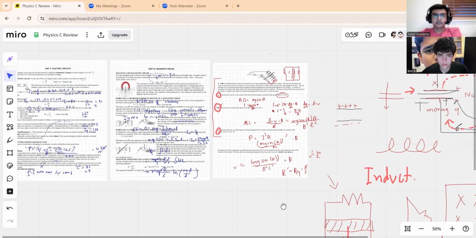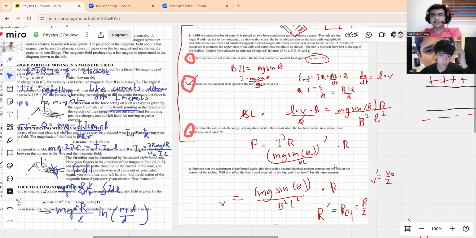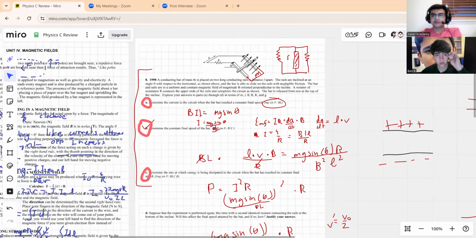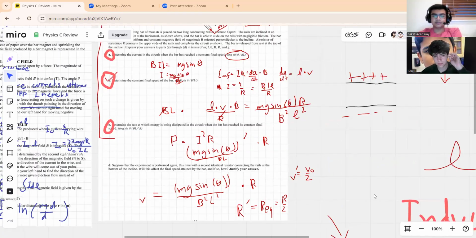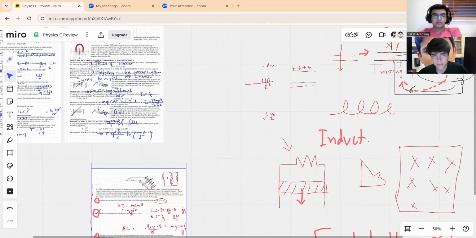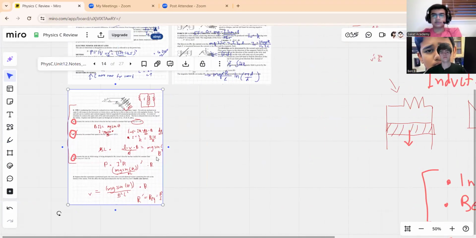Oh, Unit 9, Unit 10, 11, 12. Oh, perfect. The lineup is crazy. Did people do bad on the last unit? I believe so. I was talking with Mr. Nzeza about it.